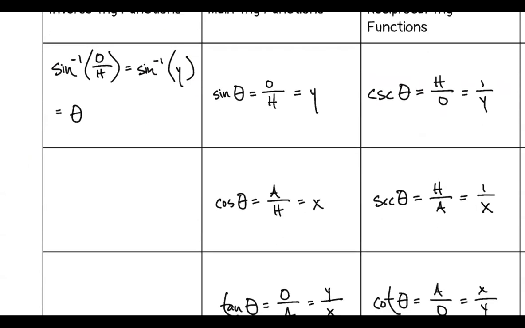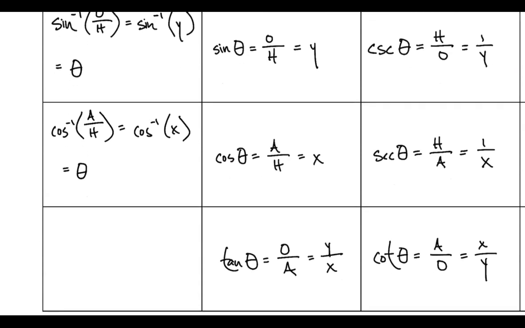All right. So if I were to write a similar statement for cosine, I would write inverse cosine of adjacent over hypotenuse, or I could say inverse cosine of x if I was looking at a unit circle problem. And either way, my answer would be theta or an angle. All right.